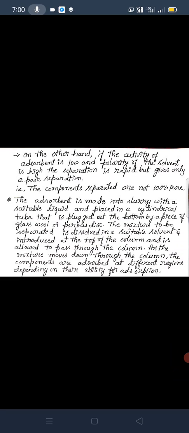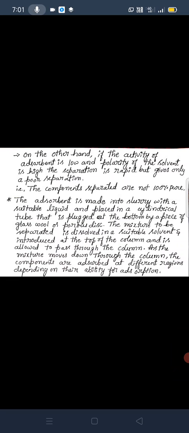Here a long column is used, and components with similar affinities for the adsorbent are present, and components with different affinities for the adsorbent are also present.